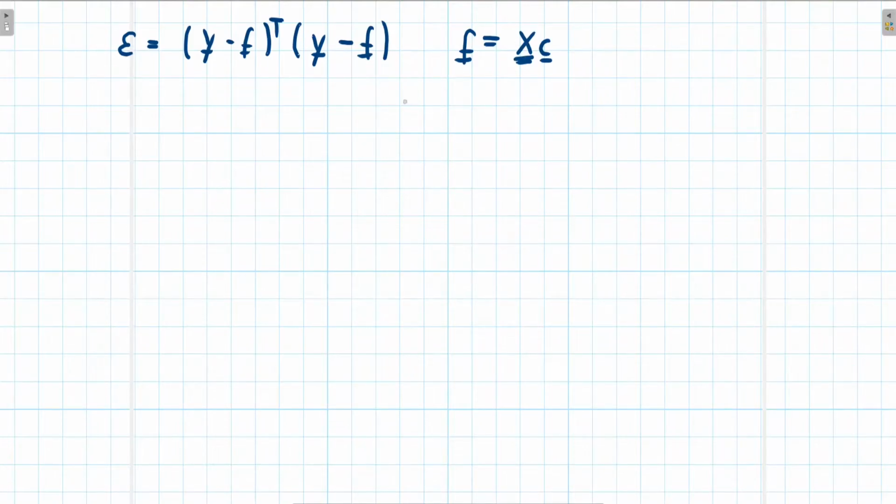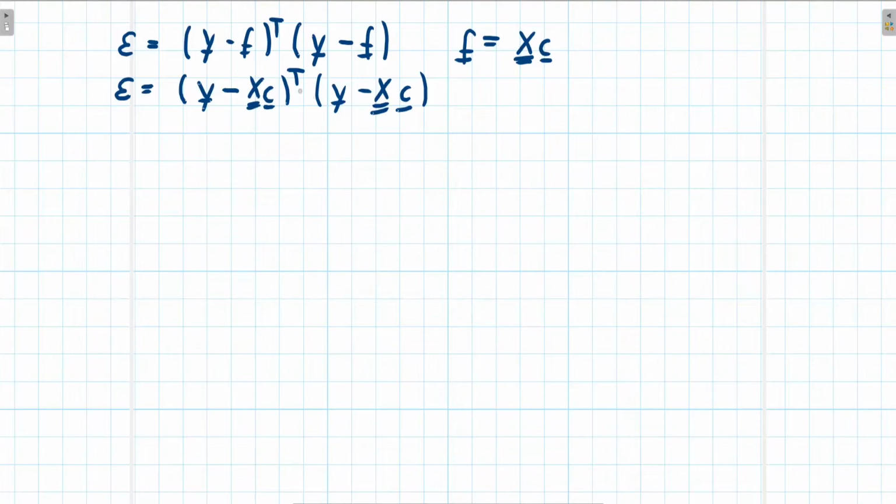So what we can do is plug this expression into our equation for epsilon and end up with an expression like this: (y minus X C) transpose times (y minus X C).